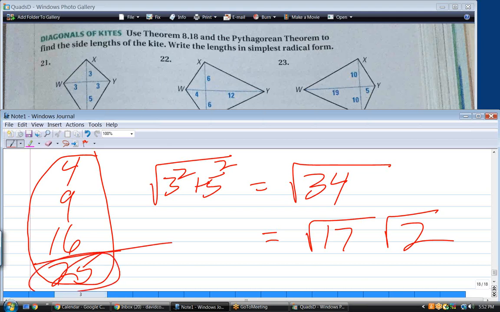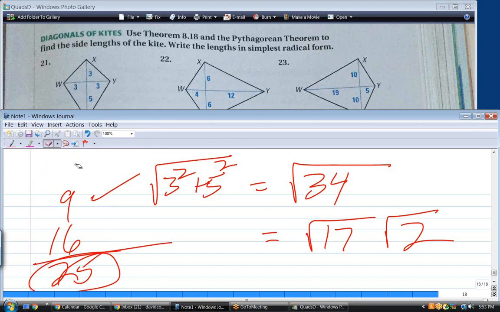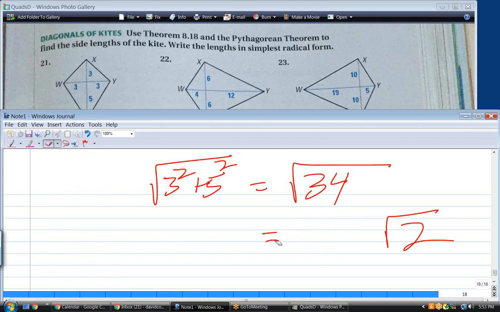But 25 is more than half of 34, so I don't need to check anything above the 25. If none of these four divide into 34, then 36 isn't going to, and 49 isn't going to. See what I'm saying? So the answer is root 34.